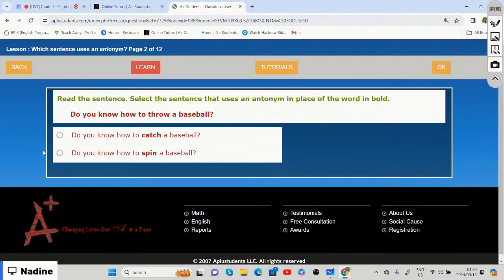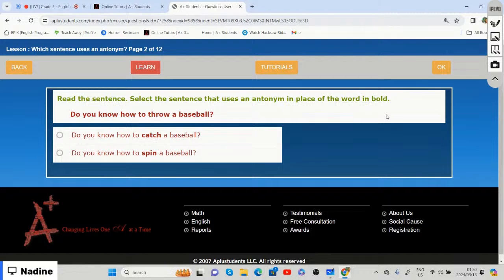Then now, do you know how to throw a baseball?